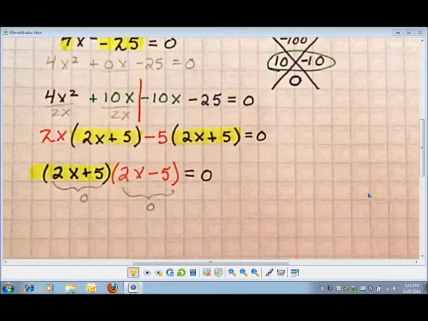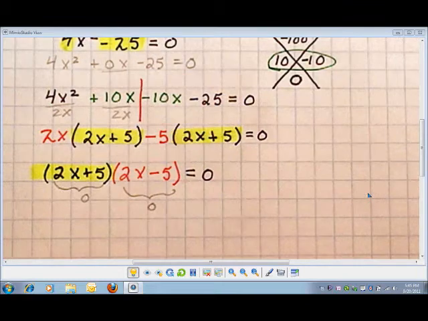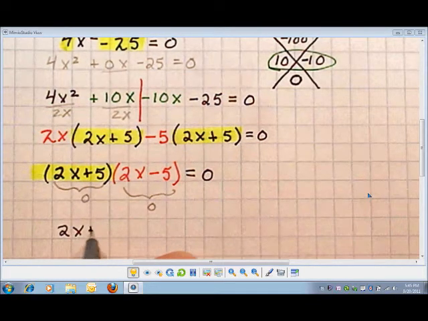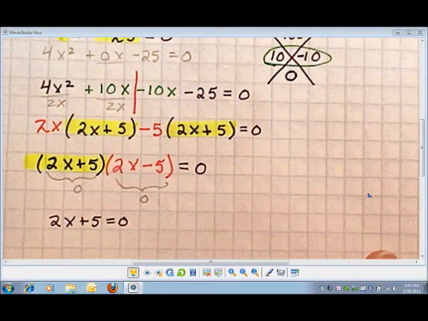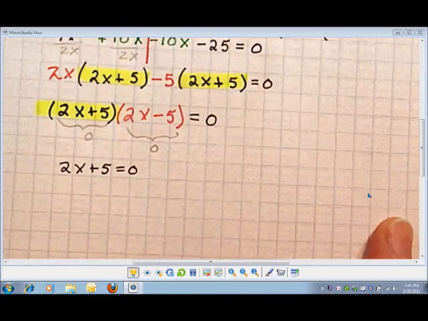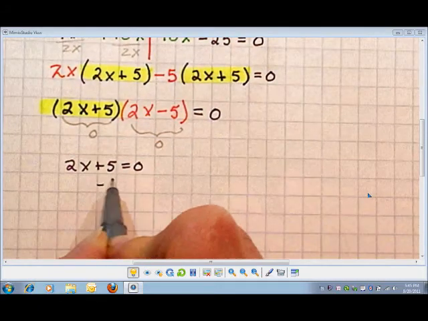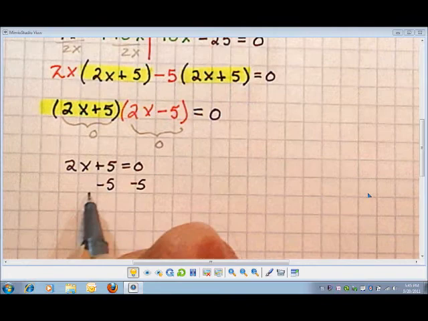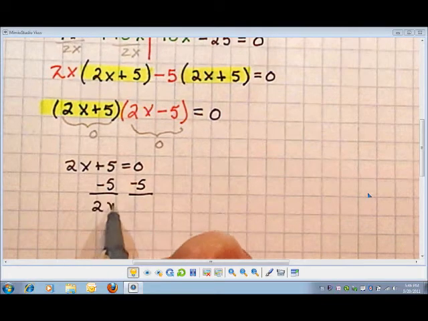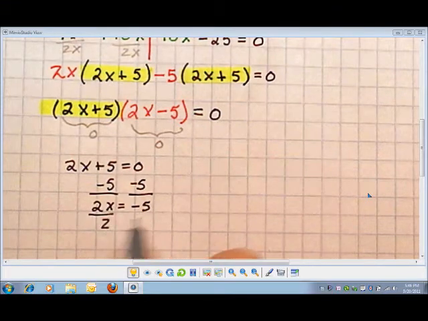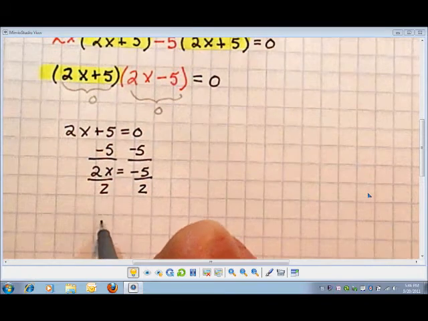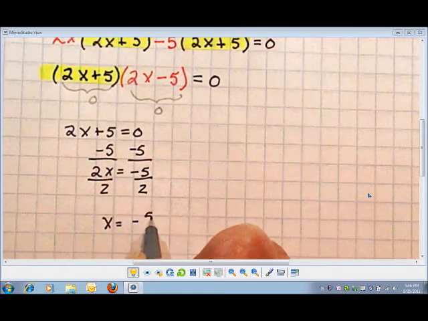Well, let's see here. I have 2x plus 5 equals 0. So if I subtract 5 from both sides, I end up with 2x equals negative 5. Then I have to divide both sides by 2, and I get x equals negative 5 halves.